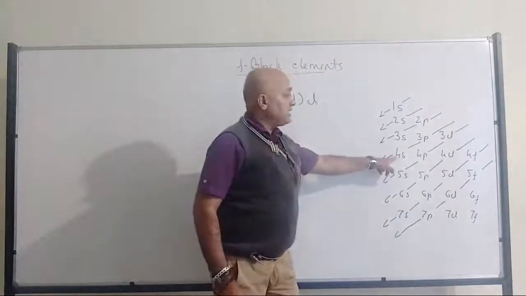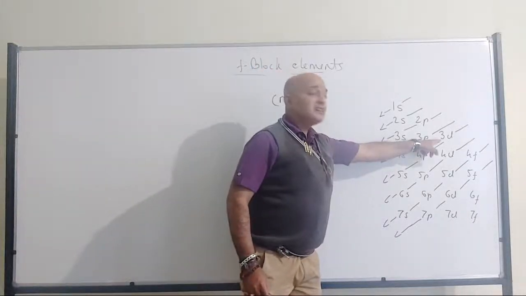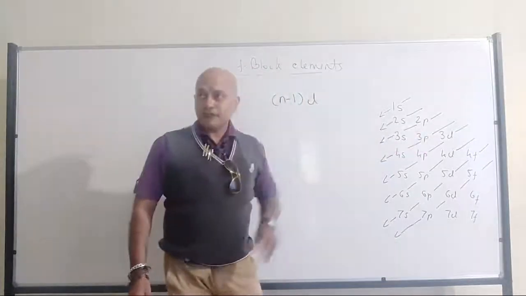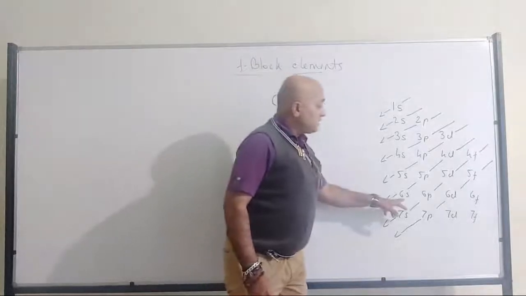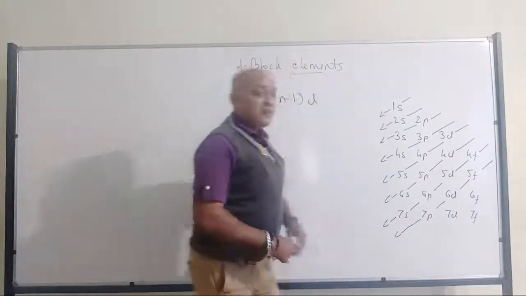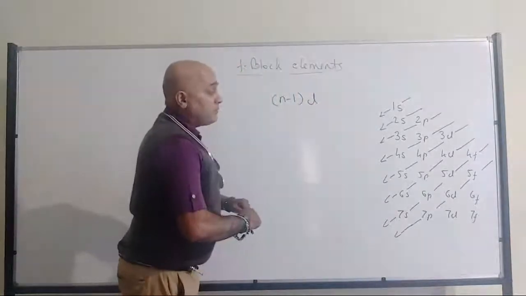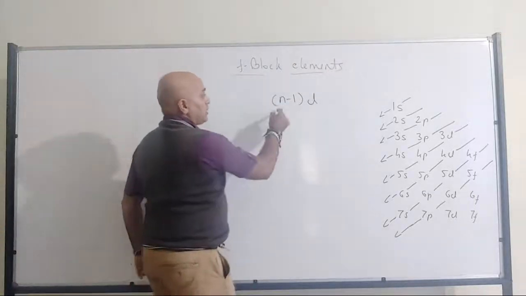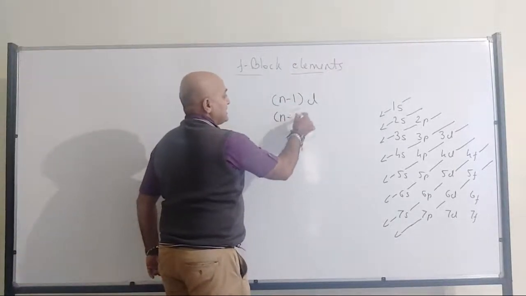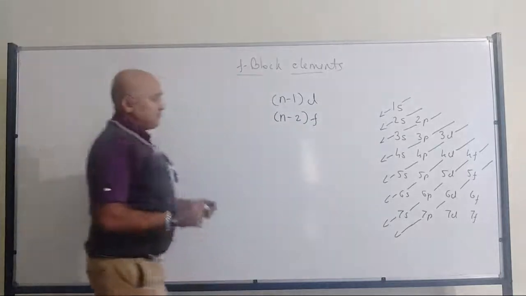If I have period number 4, then I have the 3d, that means n minus 1. Now when it comes to F, when 6s is there, when period number 6 is there, I am talking about 4f, that means n minus 2 is applicable for F.